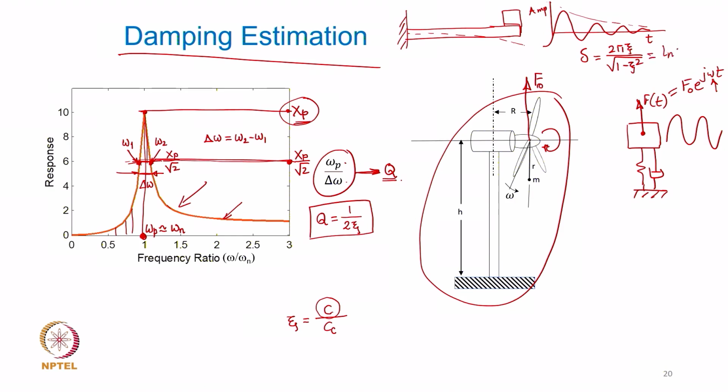How did you obtain that? You obtained it by taking the natural log of x1 over x2, two consecutive response amplitudes. So, if this is x1 and this is x2, these two amplitudes will give me this ratio from practically measuring the free vibration response of the system, right.